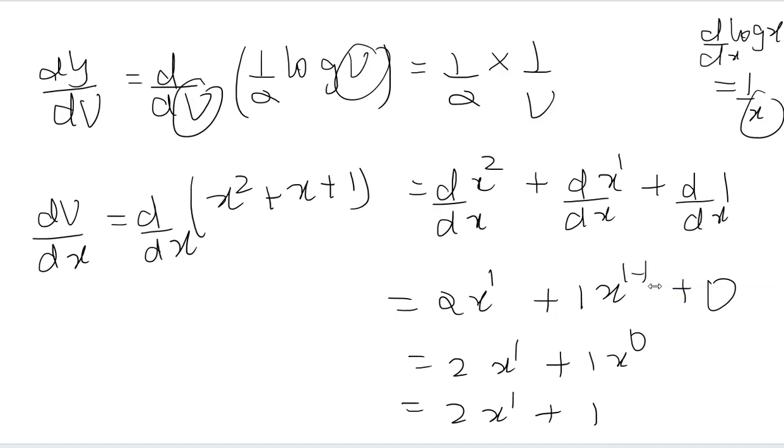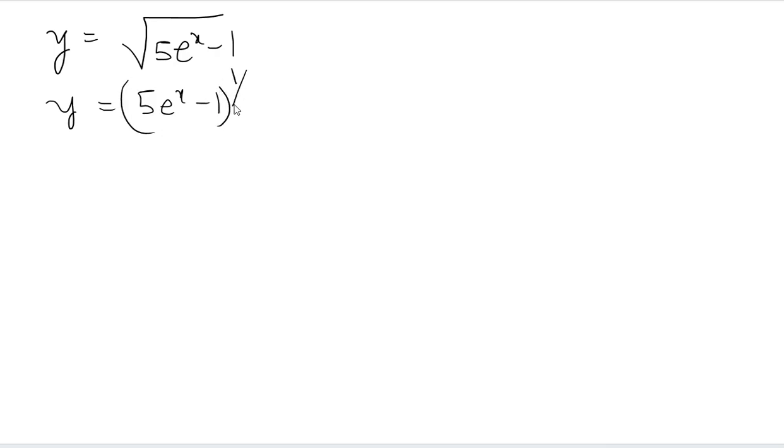Similarly, in the next problem, root of 5 e raised to x minus 1, as soon as we see root, we replace this by half. Now there is no log to bring this half down. So what do we do?